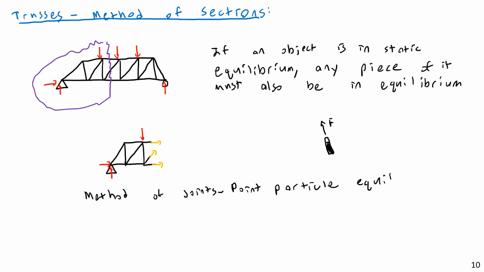In method of joints, if you remember from previously, we divide the truss up into its constituent joints. We draw all the forces that are present on each joint, and we apply a balance of forces to each joint to see what kind of forces are actually present, and then solve for unknowns. But you're looking at each joint as a single point particle with a variety of forces applied to it.